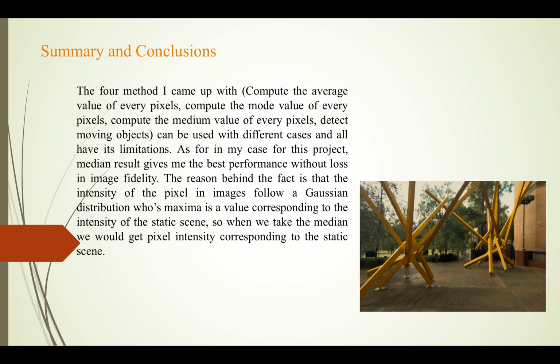In my case for this project, the median result gives the best performance without loss in image fidelity. The reason is that the intensity of the pixel in images follows a Gaussian distribution, whose maxima is a value corresponding to the intensity of the static scene. So when we take the median, we get the pixel intensity corresponding to the static scene.